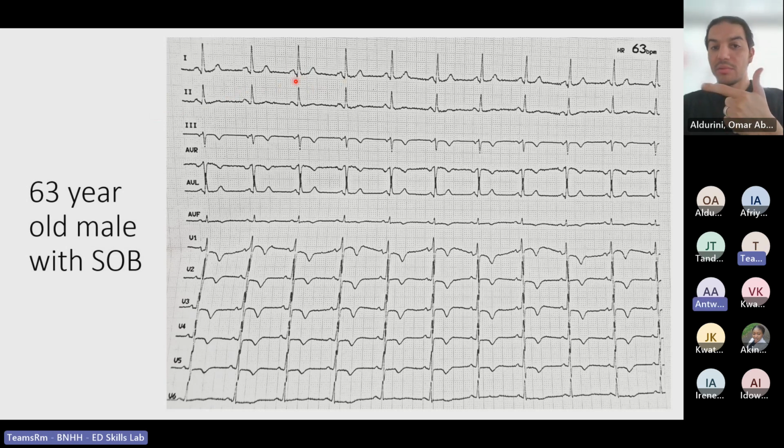And third, is there any abnormal wave pointing to a position that it shouldn't be pointing to? Currently we are speaking about the T waves in specific.